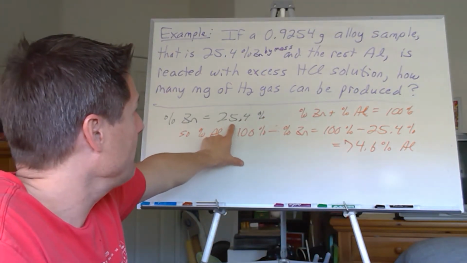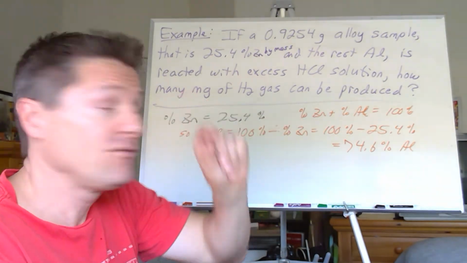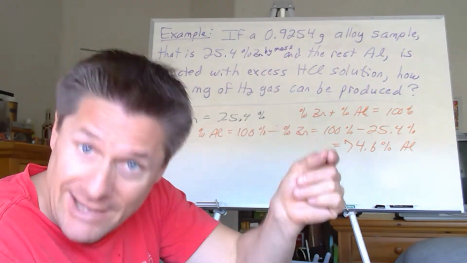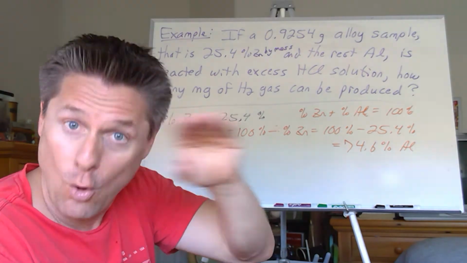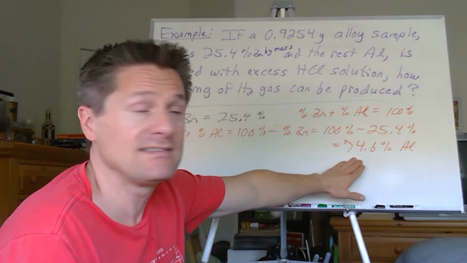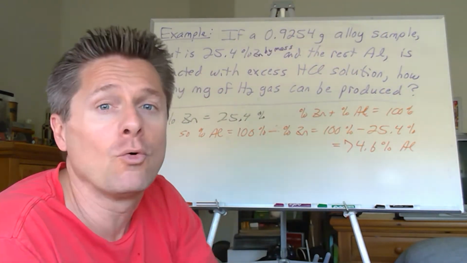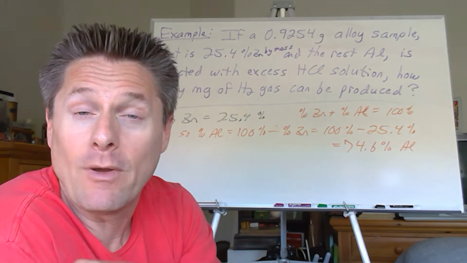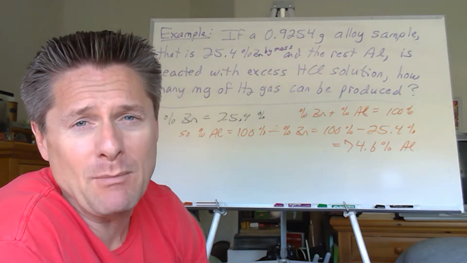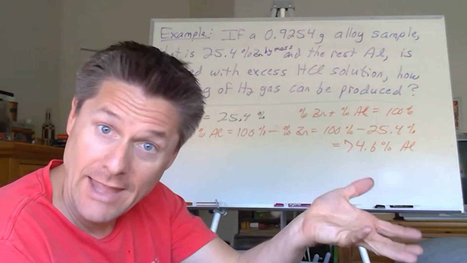So 25.4% by mass zinc means you have 25.4 grams of zinc for every 100 grams of the alloy. And the aluminum would be 74.6 grams of aluminum over 100 grams of the alloy. That's how we take percentages and set them up as conversion factors to go from the part, the metal, to the whole, the alloy.